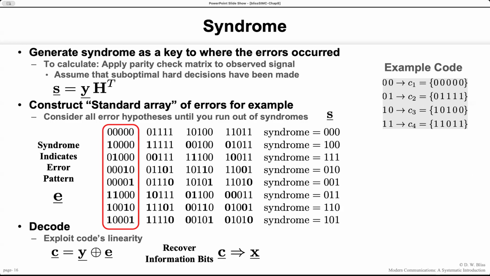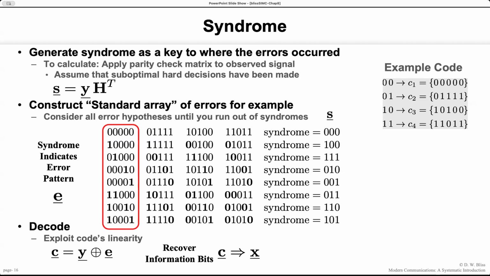All right, going back to our example. We had our code example where we went from 2 bits to 5. And then let's say we have some observed bit sequence. It might be a code word, it might not be a code word, because there might be errors in it.